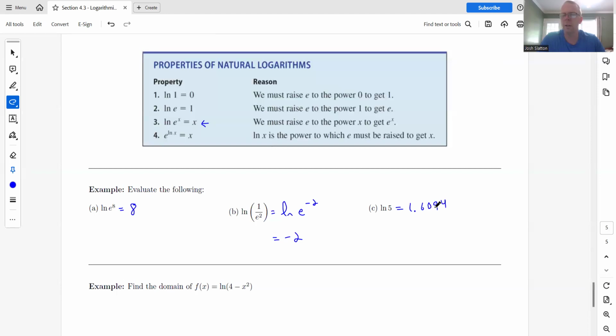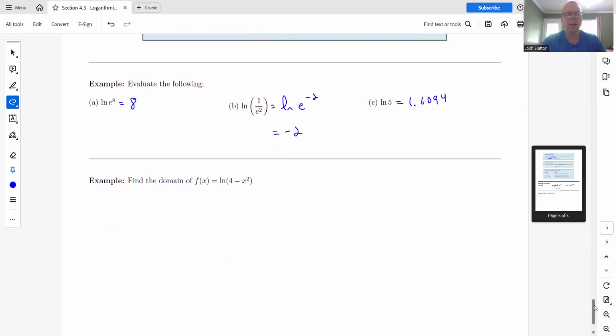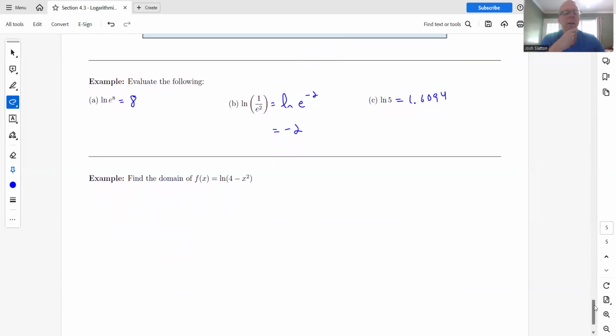Usually the ln and the log are right next to each other. If you did the e to the whatever problems that we had in the last section, you know where that button is. All right, and then the last one, find the domain of ln of 4 minus x squared.